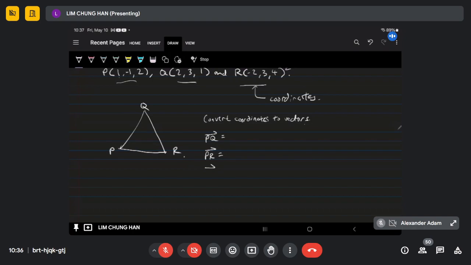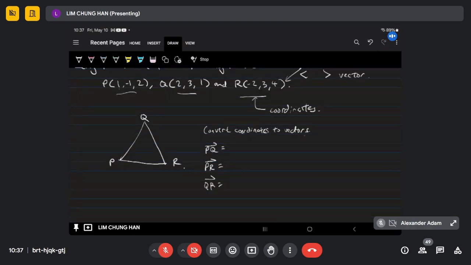Well, you only need two actually. You only need two, but you can find all three lah, RQ as well. But you only need two because if you do cross product, you just need two. That's enough. So find any two. I'm gonna look for PQ and PR. How do you find vector PQ? Do you remember?